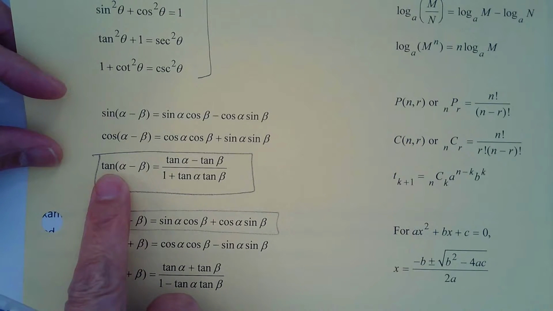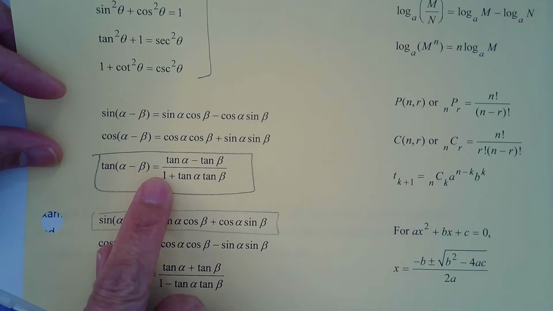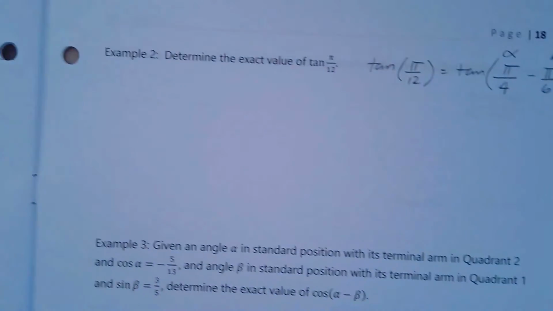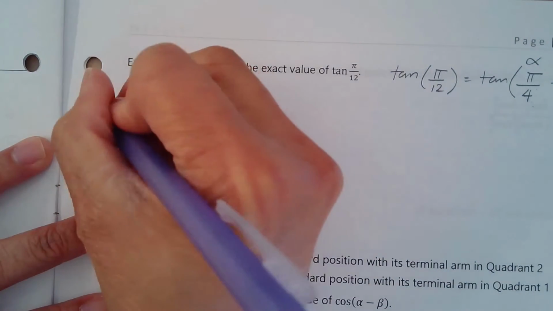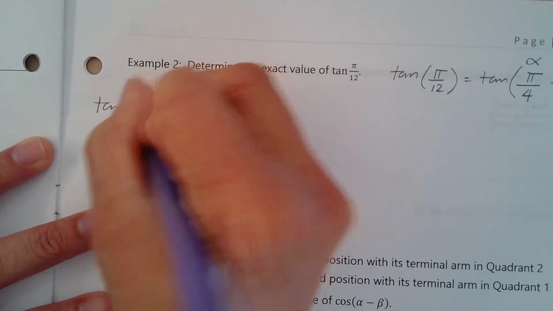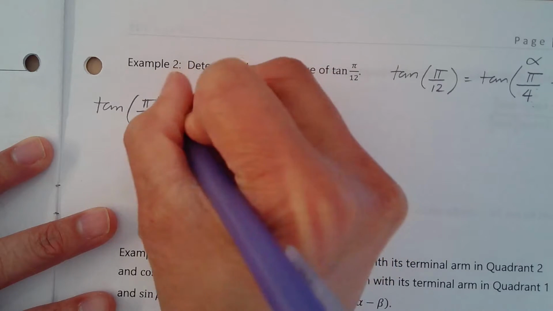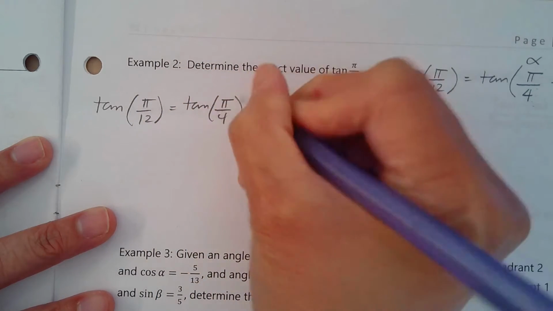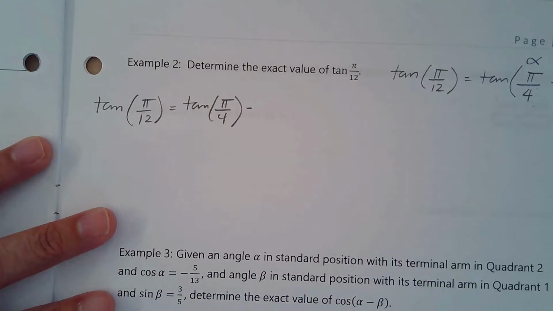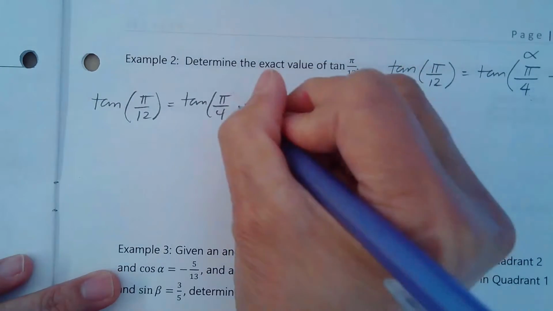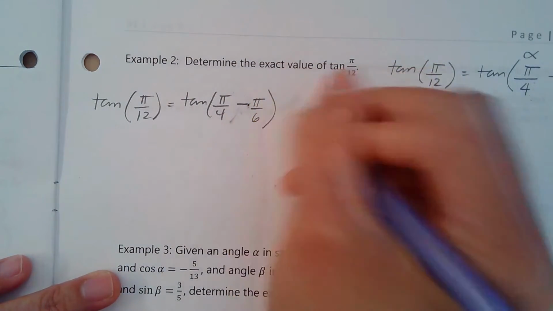So tan of alpha minus beta is equal to all of that. So tan of pi over 12 is equal to tan of pi over 4 minus pi over 6.